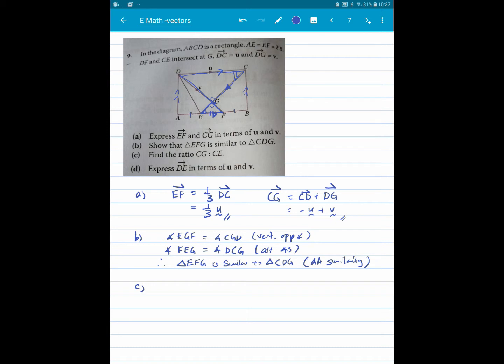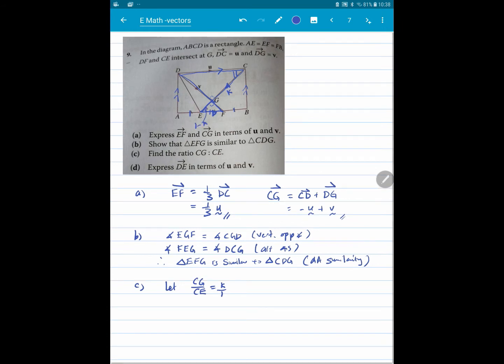So in this case, let's assume that the ratio, CG over CE, as a fraction, is K. Therefore my CG is K, and since CE is 1 unit, I can say that EG would be 1 minus K.